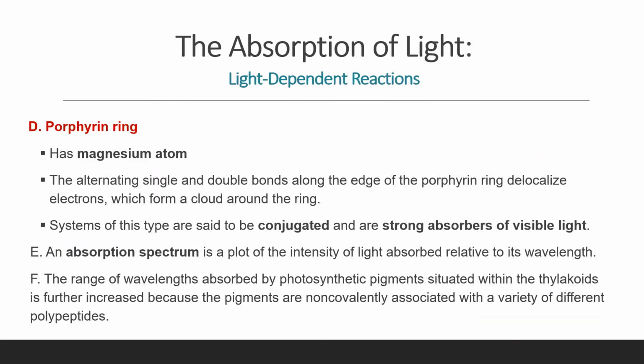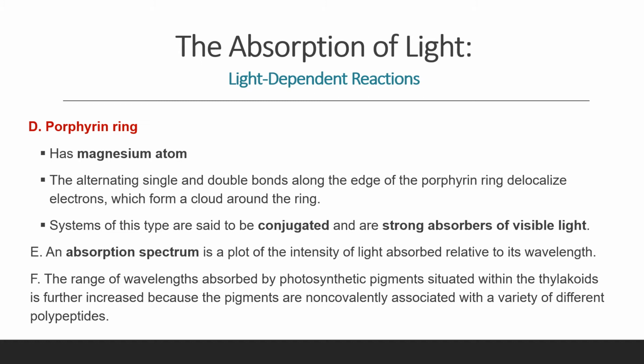To continue, let's discuss the porphyrin ring. The porphyrin ring contains a magnesium atom, unlike the red iron-containing porphyrins in the blood or the heme groups of myoglobin and hemoglobin. So this is different from that type of porphyrin.